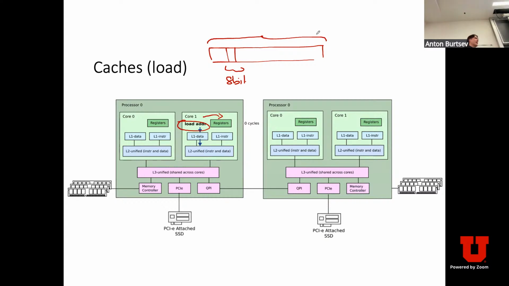Does anyone remember the size of the cache line on Intel? It's similar on other CPUs as well. 64 bytes, correct. So even if we try to read 8 bytes or 1 byte, the whole 64 bytes will be moved around. Okay, fine.